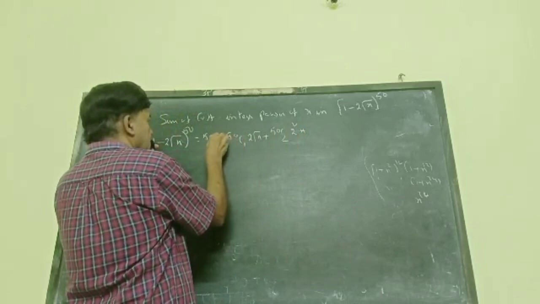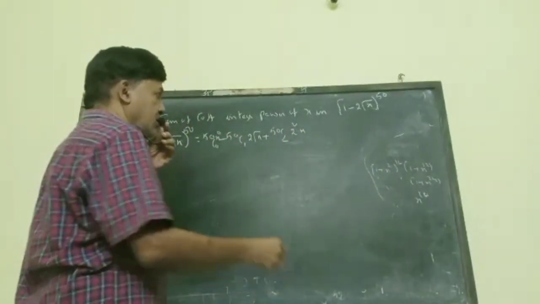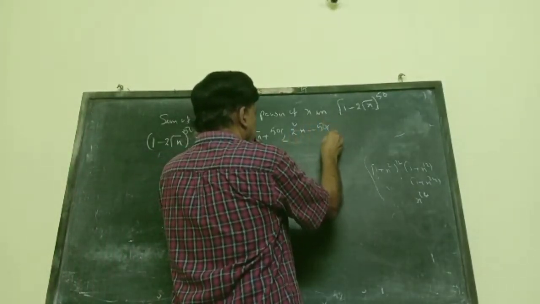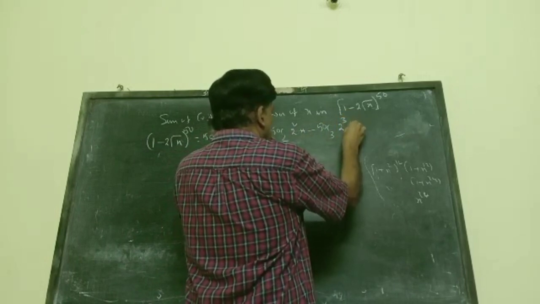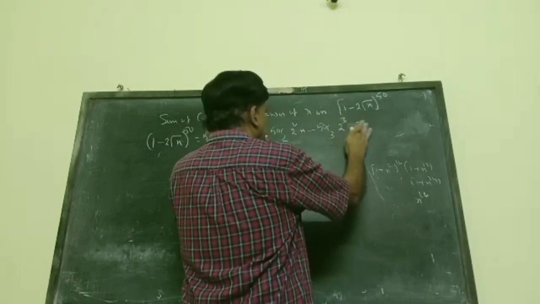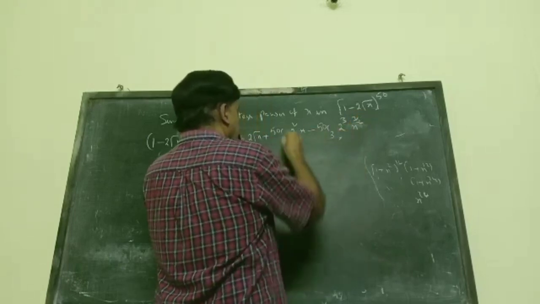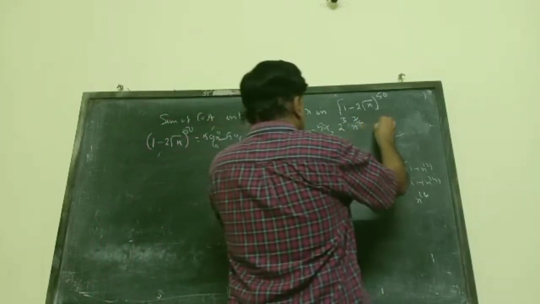And here of course x power 0. 0 is a non-negative integer, no problem. Then you will get minus 50C3 2 cube x into root x, I mean x power 3 by 2. This we don't want. We want this. So like this you are going to get.